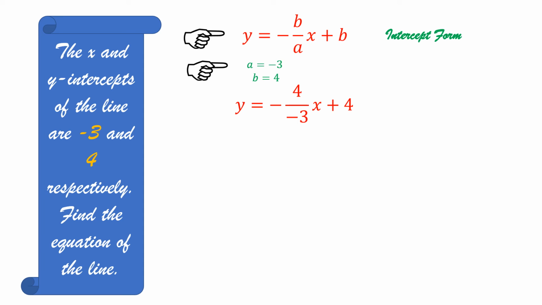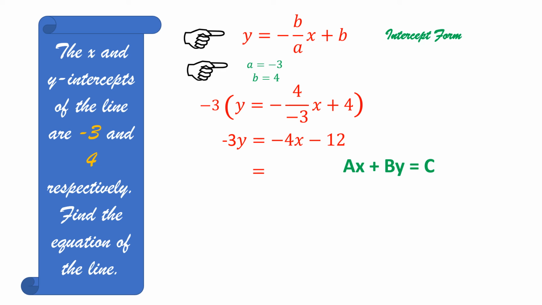Let us first eliminate the fraction by multiplying both sides by negative 3. Negative 3 times y is equal to negative 3y is equal to, on the other side of the equal sign, we will now cancel out negative 3. So you have negative 4x, and then negative 3 times positive 4 is negative 12. So let us now arrange the terms in standard form.